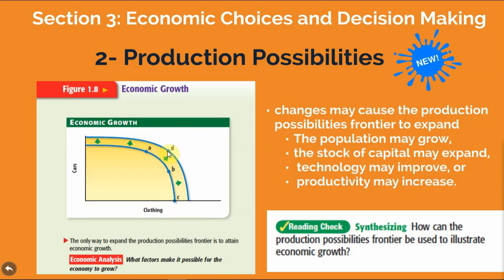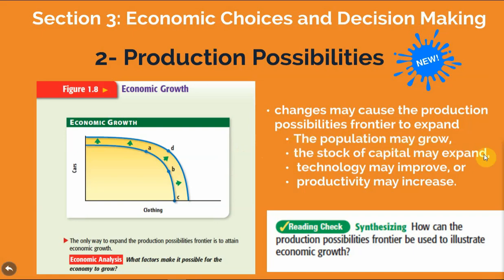Well, yes, it is still impossible, but there are certain causes that could change the boundary and will make the point D within the production possibility frontier. Some of those causes are that the population may grow.